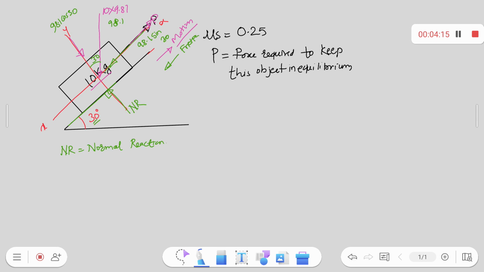You can show it anywhere along this plane, so I show it here as Fr. Fr stands for friction force, which is always opposite to the direction of motion. The formula of friction force is μs into NR.